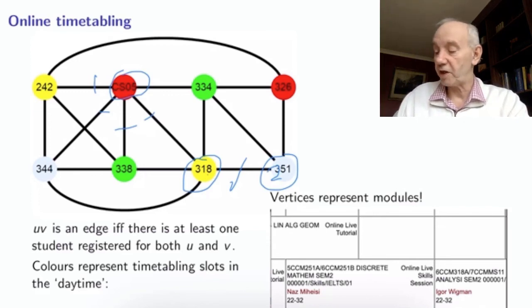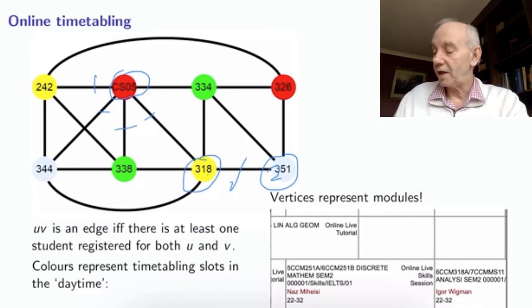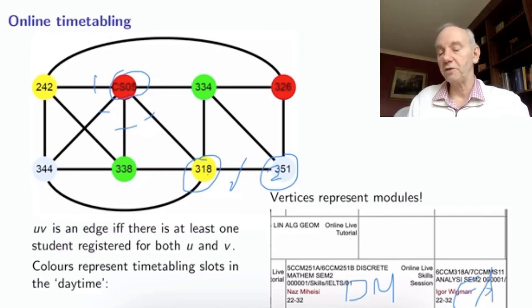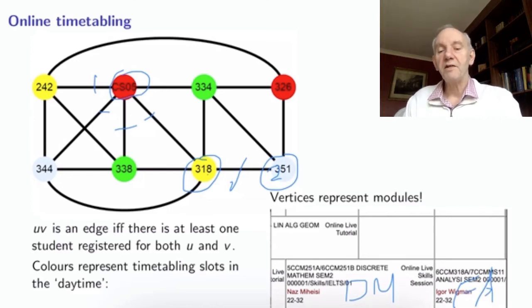It might be too small to see, but I'm really talking about skills sessions, the live things. So we have the skills sessions for discrete maths here, Thursday 11:30, and that's followed directly by something for Fourier analysis. So if there is, as I'm hypothesizing, a student doing both courses, that's why these slots can't be at the same time.